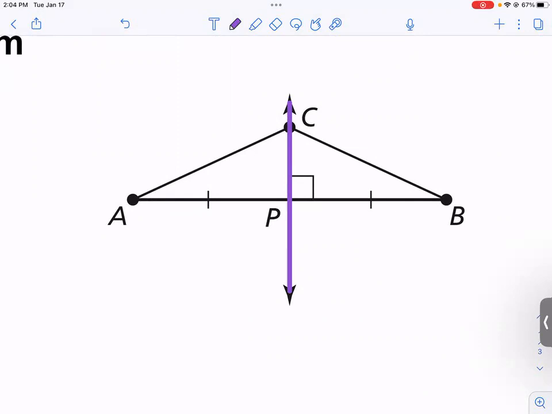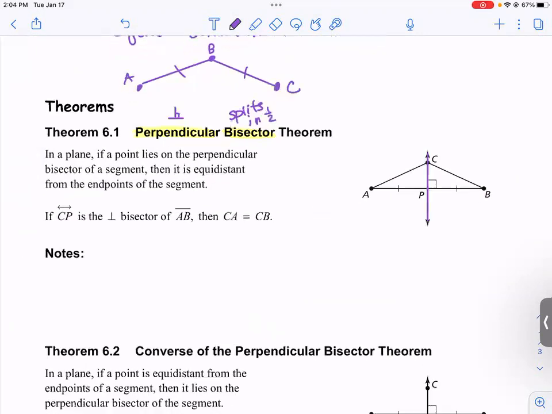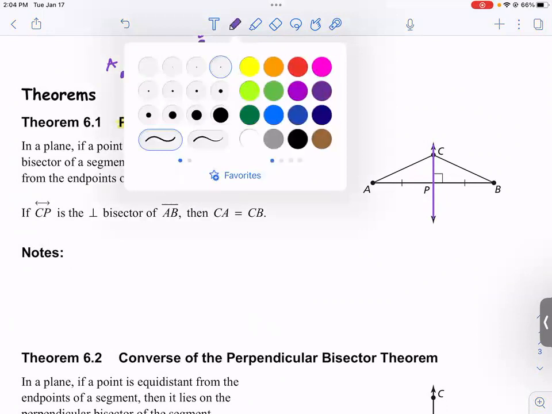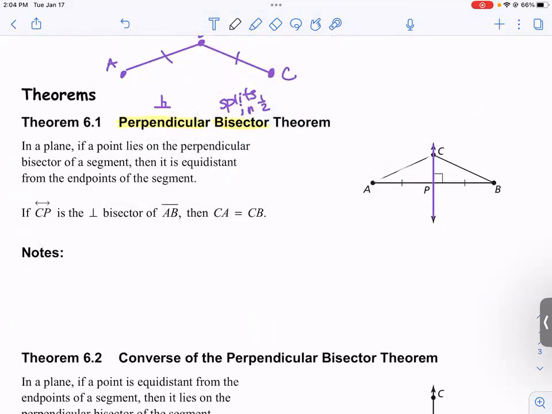Okay, and what this theorem is saying: if a point lies on the perpendicular bisector of a segment, then it is equidistant from the endpoints of the segment, okay? So just for effect here, let me do this. It's not a triangle right now.